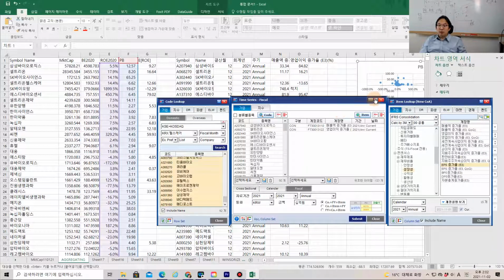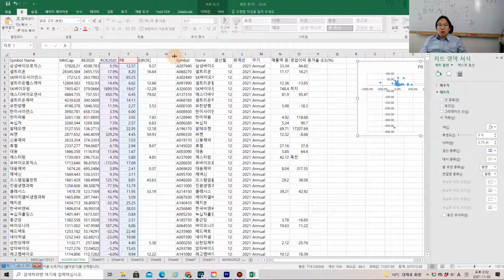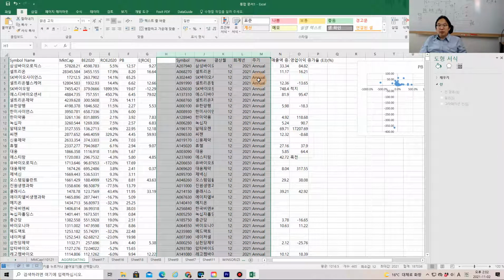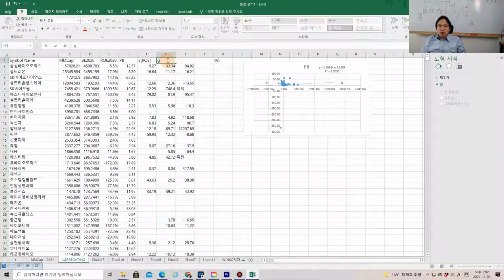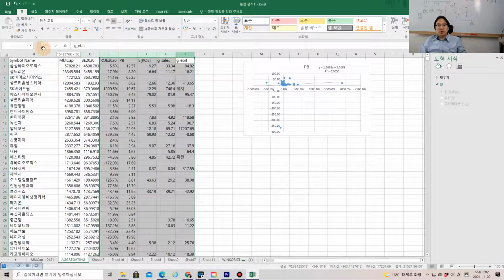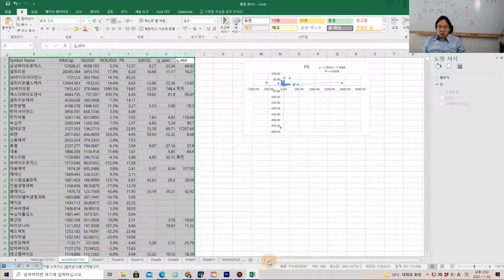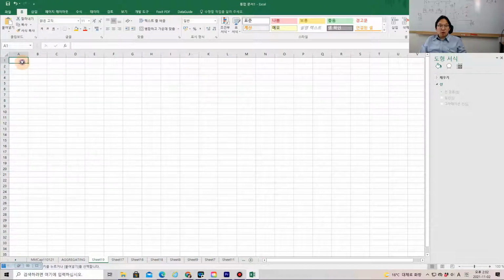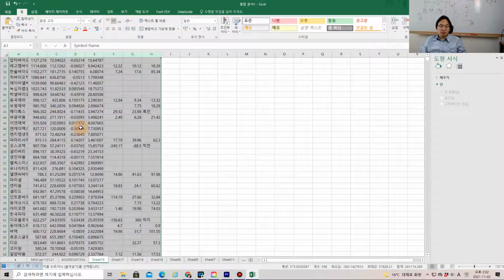like this. Now what? All I need, I'm sure these are identical, and then G sales, G EBIT. Okay? Yeah. And then all I need is here. So I would insert one more sheet over here and paste the values like this.